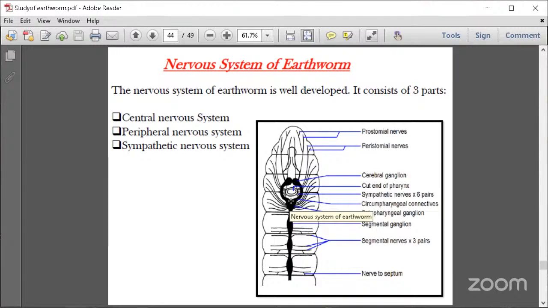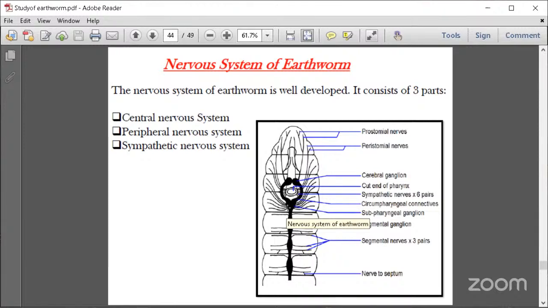and circumpharyngeal connectives or pharyngeal connectives arise from either side of the suprapharyngeal ganglia, found in the fourth segment, and ventrally circumpharyngeal connectives meet with a pair of subpharyngeal ganglia.